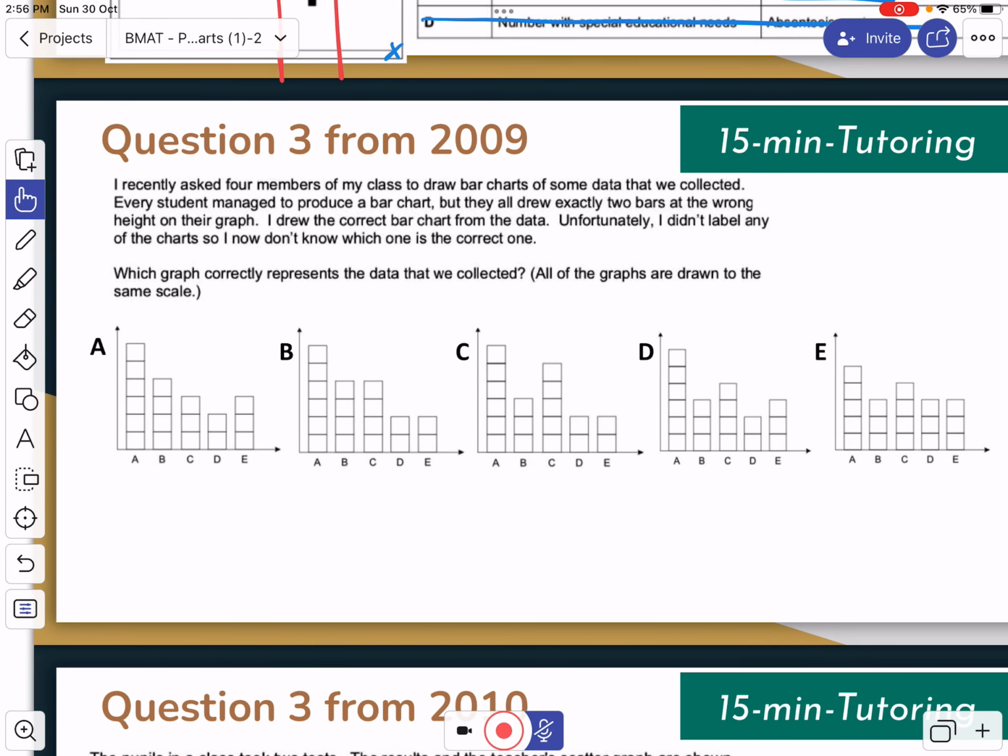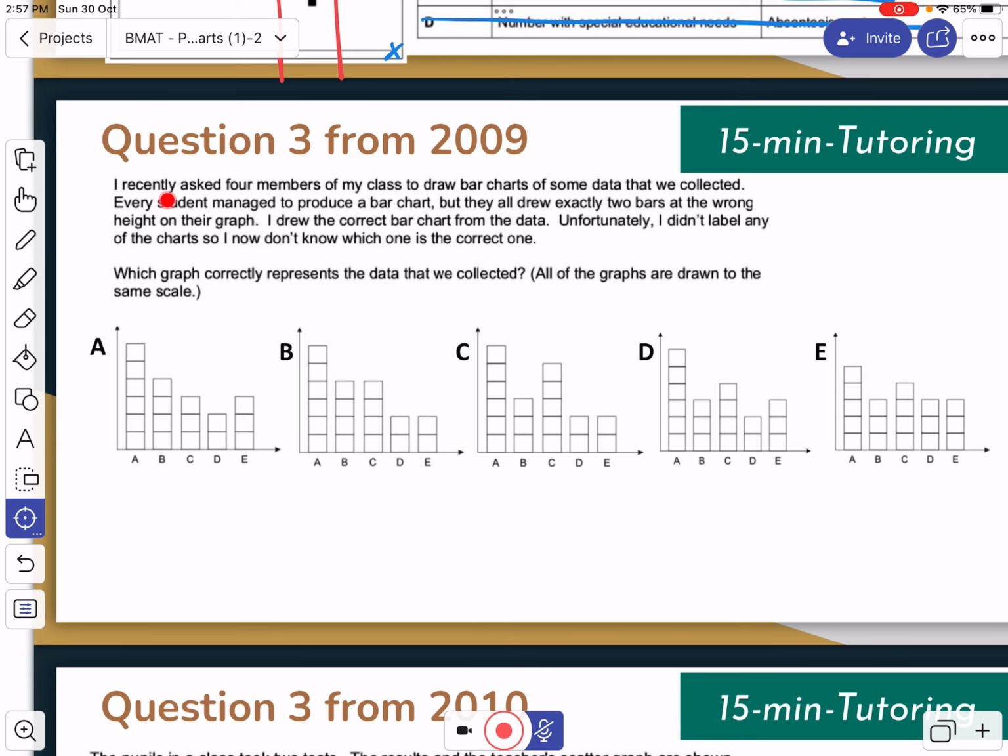Next question is a little different, but let's try it. So this is from 2009, question 3. Again, if you need to pause and read the question, please do so. Let's read it together.